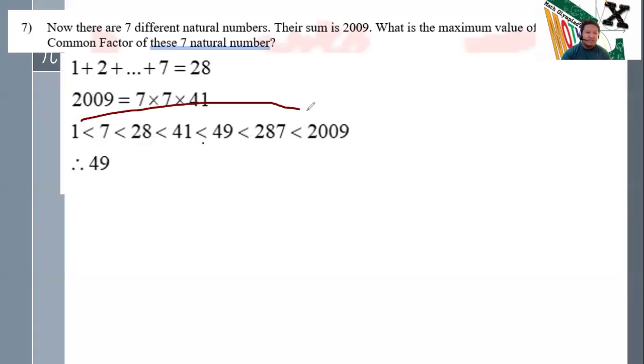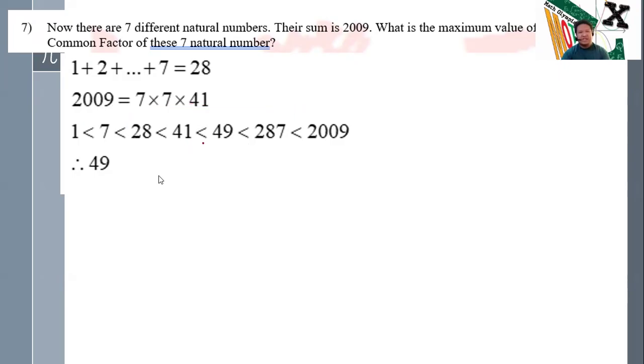So 1 times 2009, 7 times 287, 28 times 49, those are the numbers that we'll be having to multiply, or 49 times 41, 28 times 27, 287. So these are the factors of 2009, right?